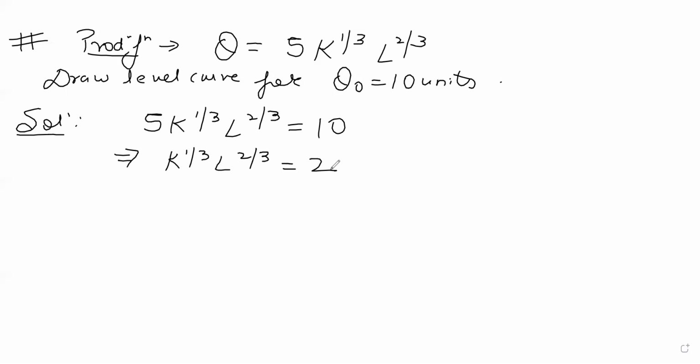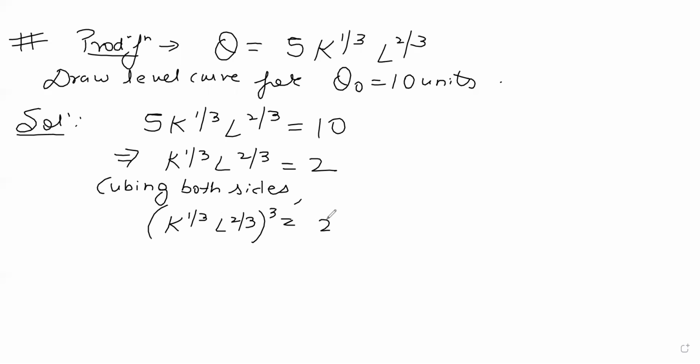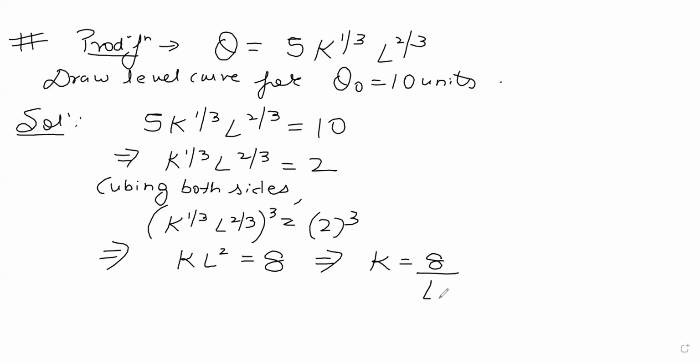So this implies this expression comes out as 2. I can take the cube on both sides. Cubing both sides, what do I get? K L square is equal to 8, which implies what is K? K is 8 upon L square. This is nothing but the equation of a hyperbola.